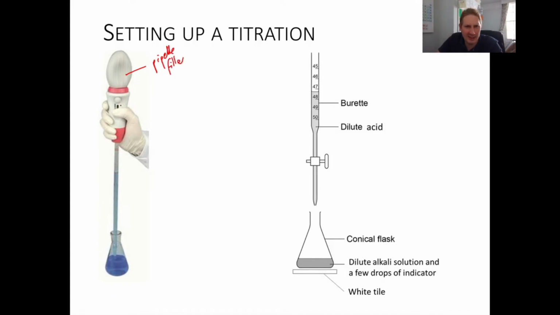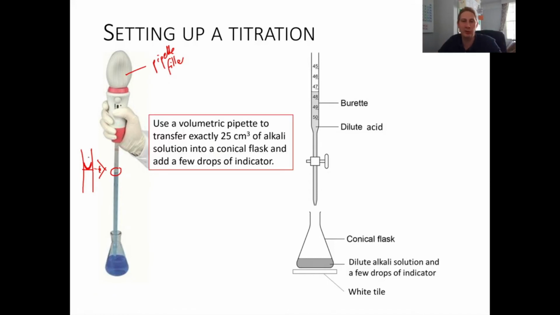Filling that pipette exactly up to the line, so that you've got the line here and that your meniscus, because remember the liquid isn't flat, the bottom of the meniscus is on that line as you look directly from it. It's often called a parallax error if you're looking from above and below and you think it's on the line and it's not. You need to be looking directly towards it.